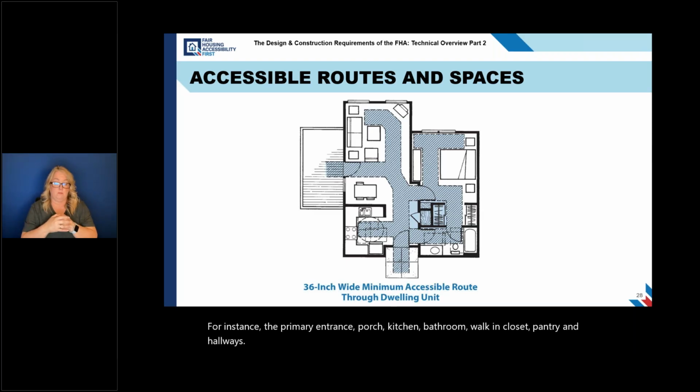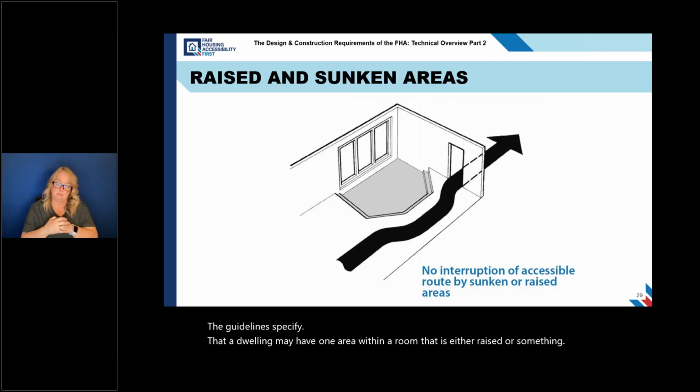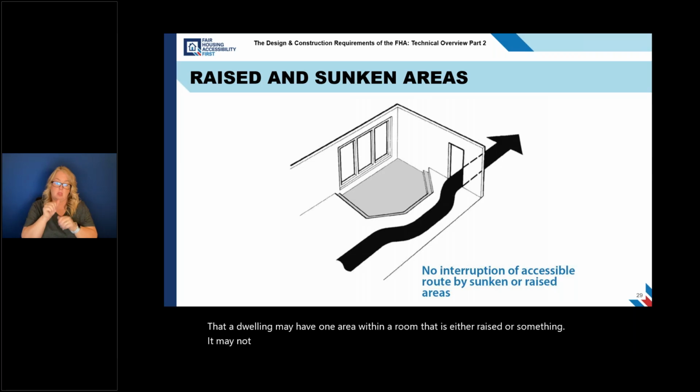Now let's talk about raised and sunken areas. The guidelines specify that a dwelling may have one area within a room that is either raised or sunken. It may not interrupt the accessible route through the unit.